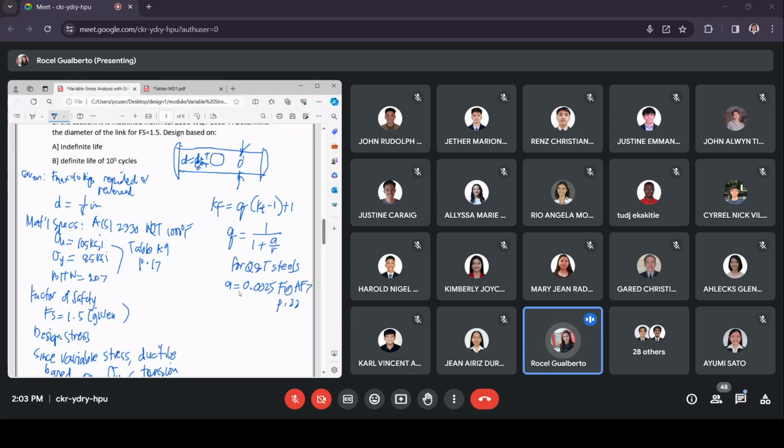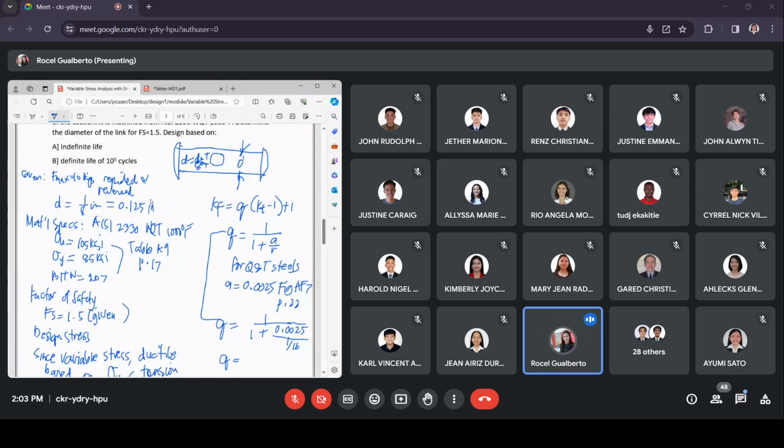And from there, you solve for Q. Q is equal to 1 over 1 plus A, which is 0.0025, over R. What is our R? 1 over 16, because the given diameter is 1/8. So 1 over 16. What would be the value of Q? Kindly compute. Our 1/8 is equivalent to 0.125 inch.